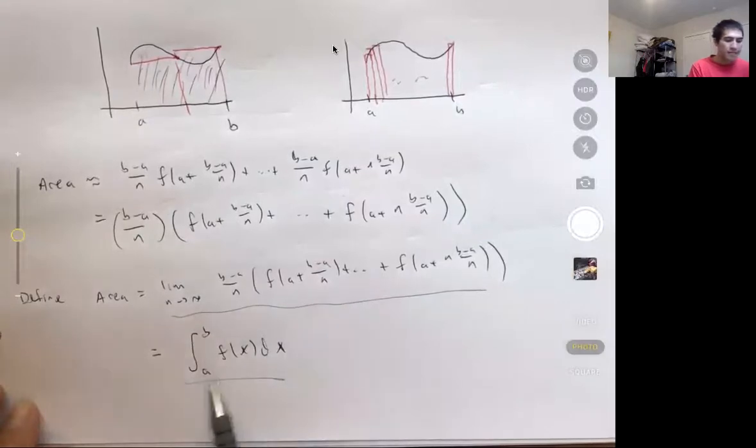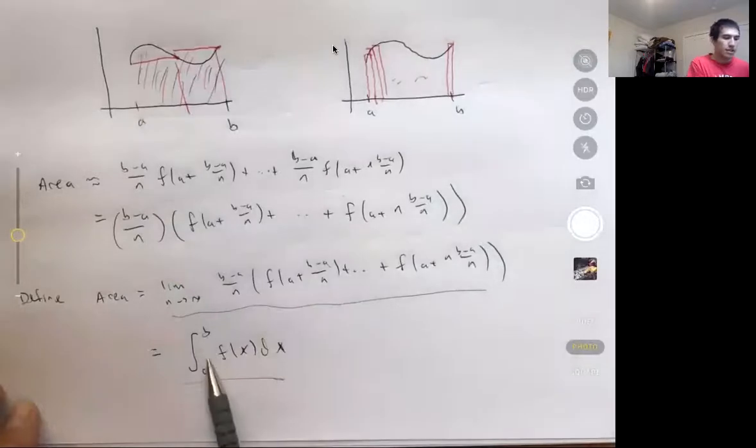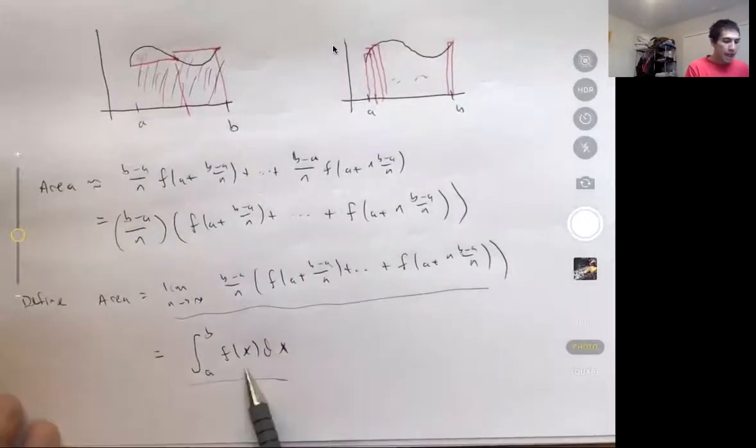So there are several pieces to this. The first thing is that the dx tells me that x is my independent variable, the same as when I take the derivative with respect to x, I use d over dx. Then the upper and lower limits of integration, the a and the b, tell me that I'm integrating from a to b, so that tells me which width I'm interested in. And then this f of x is the function I'm interested in, which might change if the function changes.